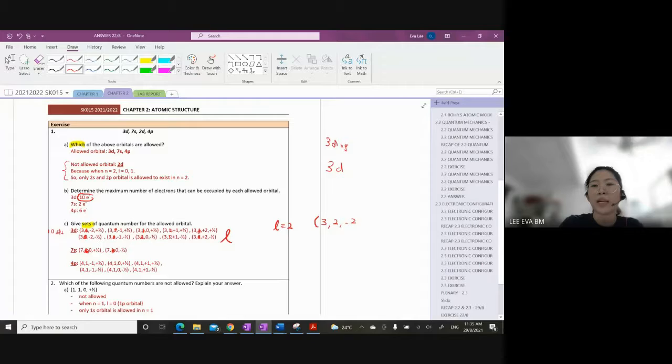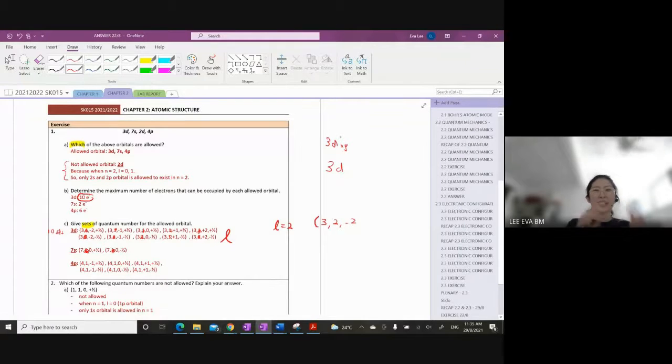So you need to recognize the name or the abbreviations over here. Sometimes in the questions, they always mix up subshell and orbital. I can say 3D orbital, I can also say 3D subshell. That actually means the same thing. Cuma you need to understand that 3D xy refers to one single line.